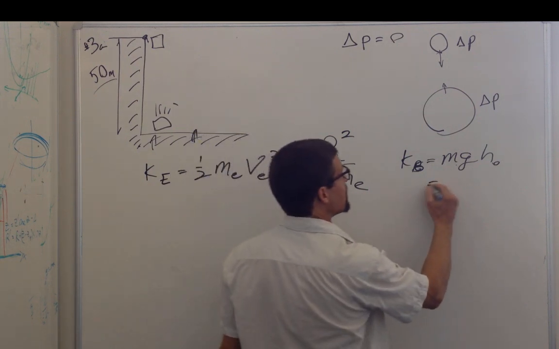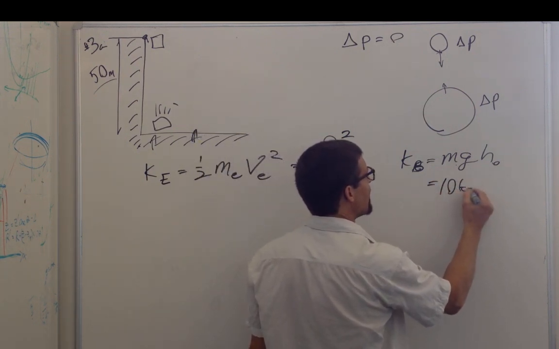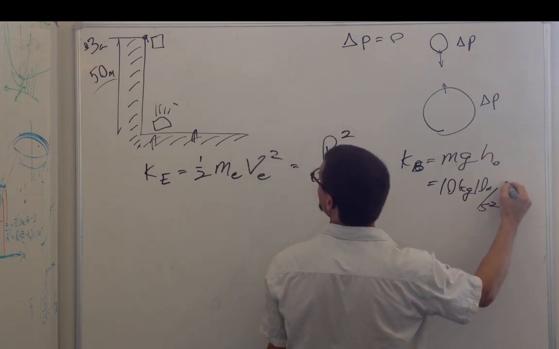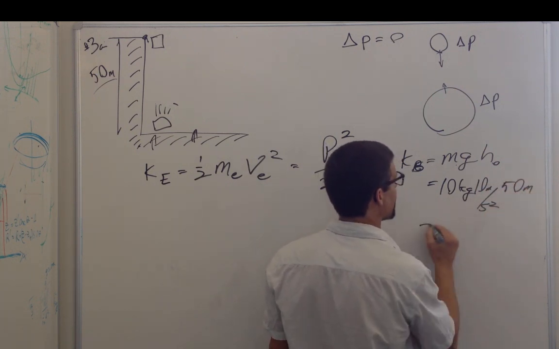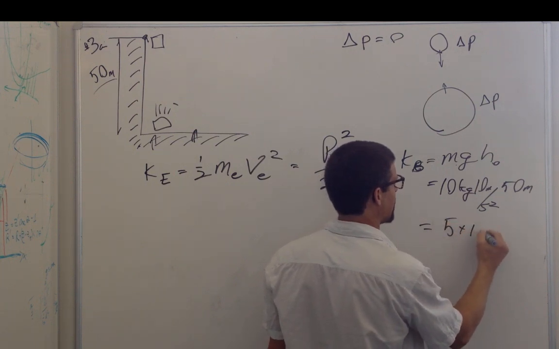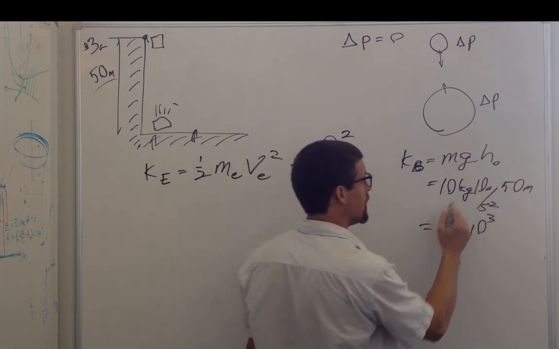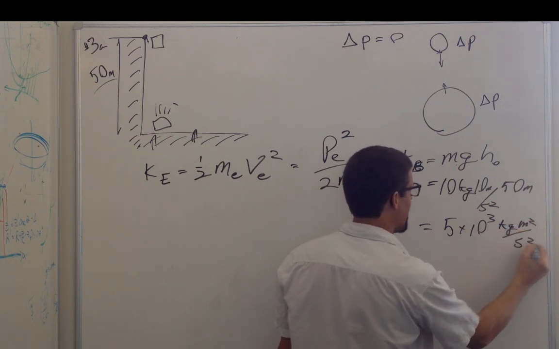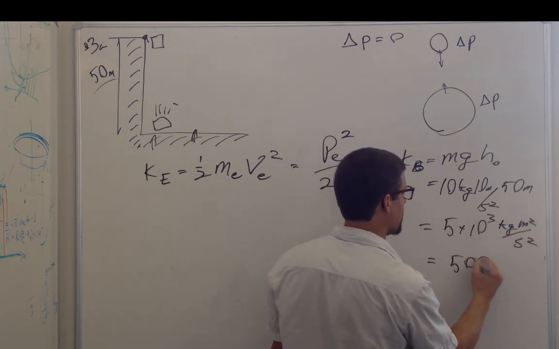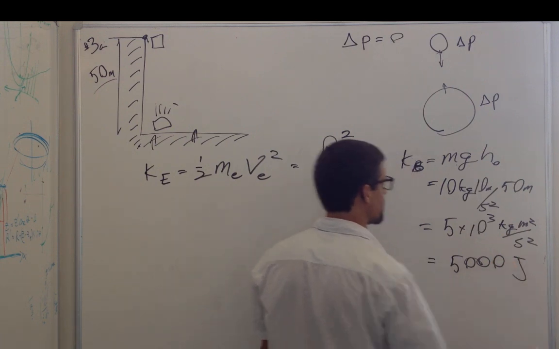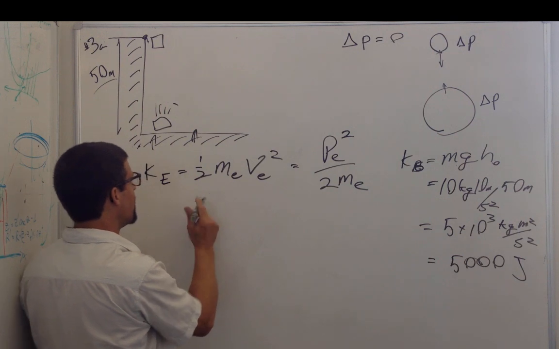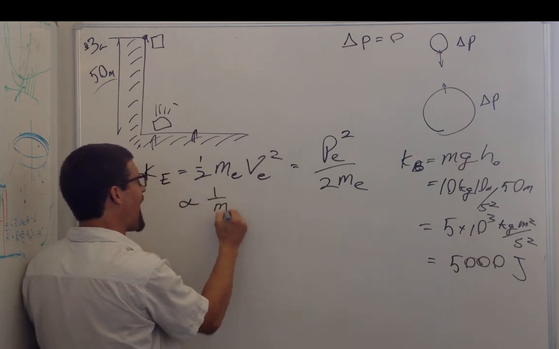So I can just find this and say, yes, this is 10 kg, this is 10 meters per second squared, and this is 50 meters. So that's equal to 5 times 10 to the third, 5,000 kilogram meter squared per second squared, which is equal to 5,000 joules.